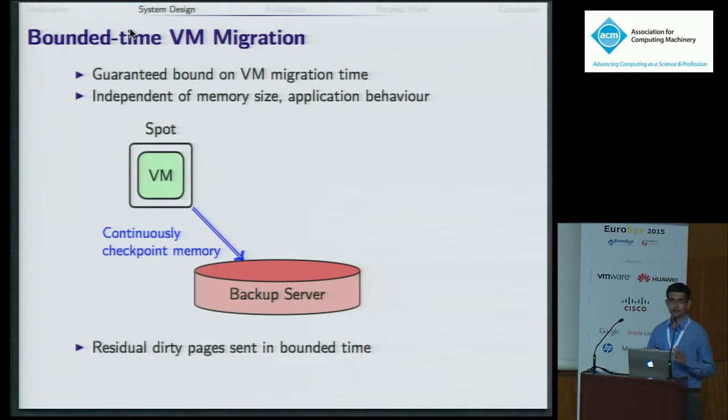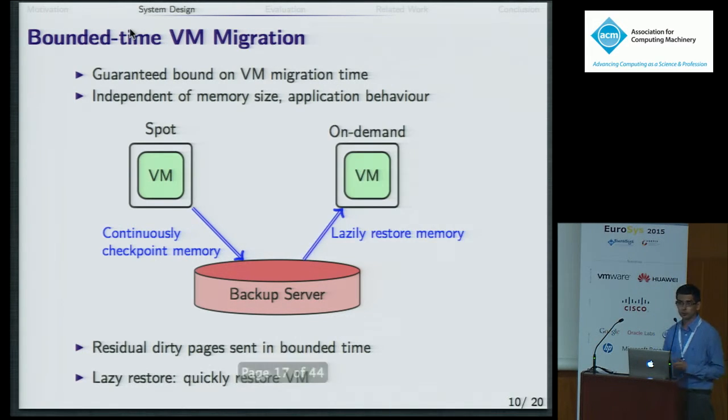It can migrate the VM in bounded time by ensuring that the residual dirty pages are always kept under a limit such that all of the residual state can be transferred to the backup server when the spot instance termination warning is received. The backup server runs on a separate dedicated on-demand server and can support multiple VMs.